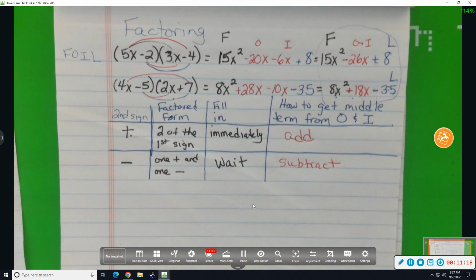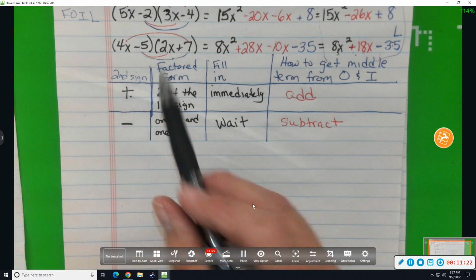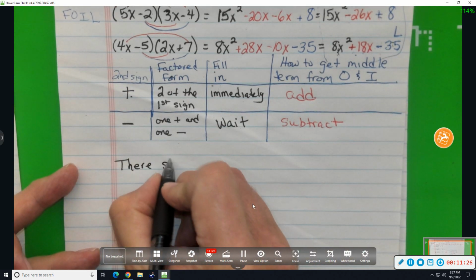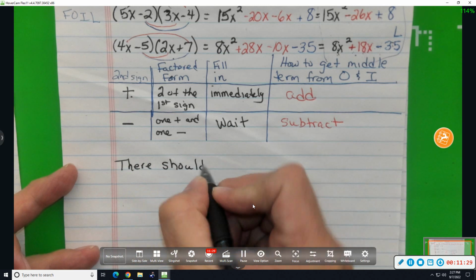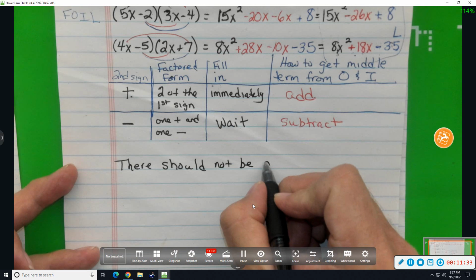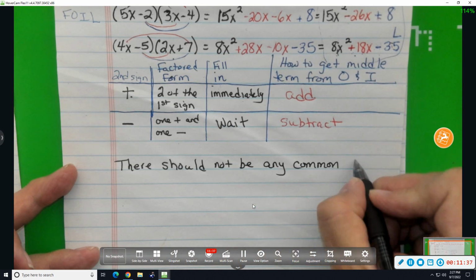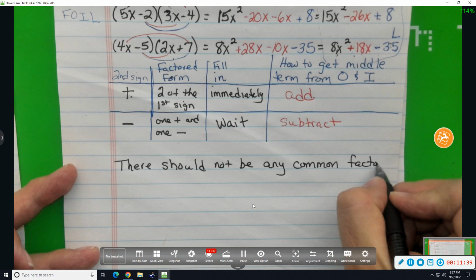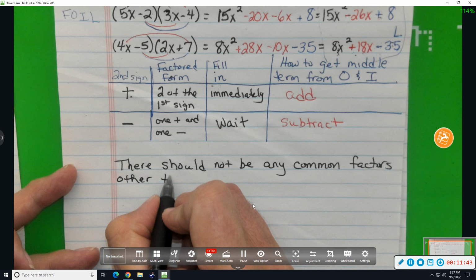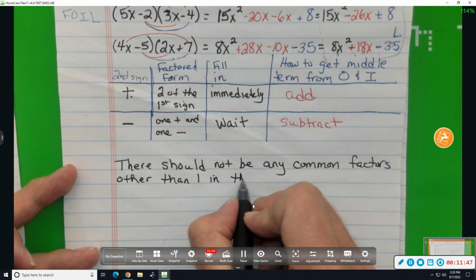When you're doing this factoring stuff, you're coming up with the two sets of parentheses. There should not be any common factors other than 1 in the parentheses.